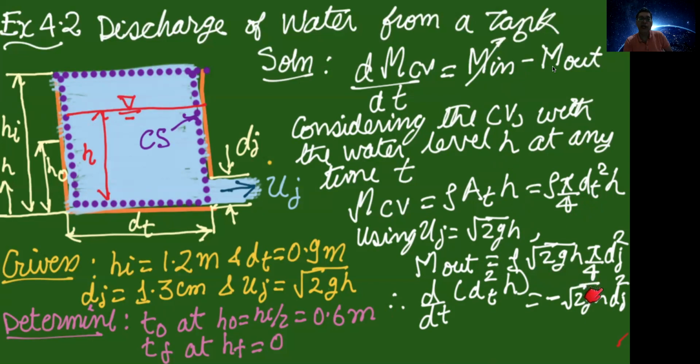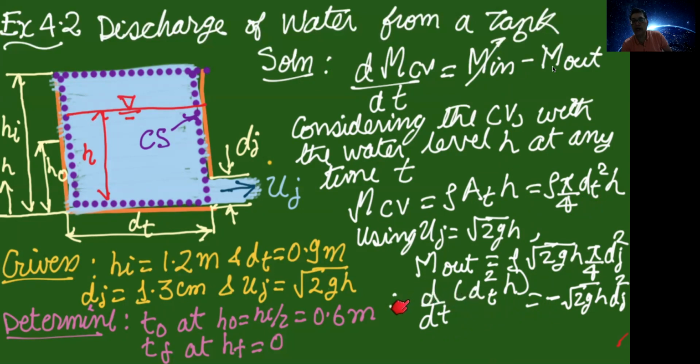Now here, note that we have to obtain an expression for time corresponding to half filling, half discharge, and complete discharge. So what we do is that we take integral of dt. Note that in this dt, the diameter of the tank is not varying with respect to time.